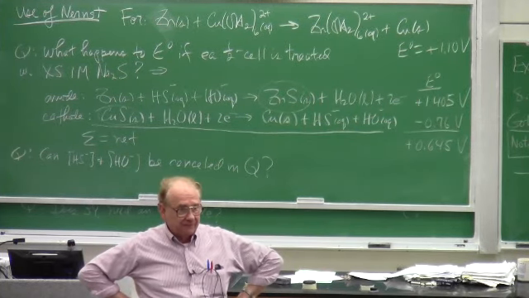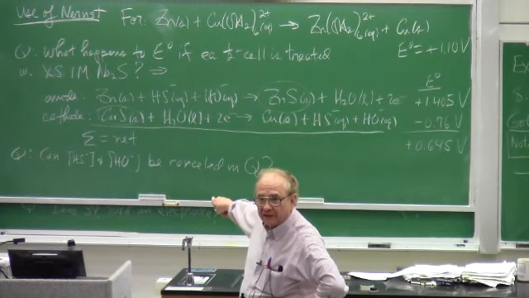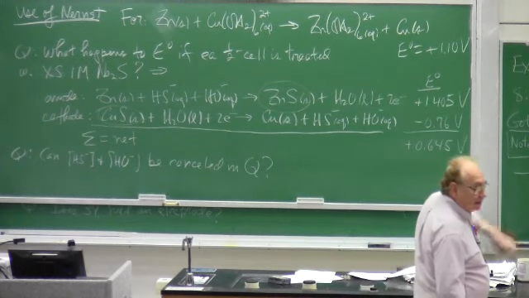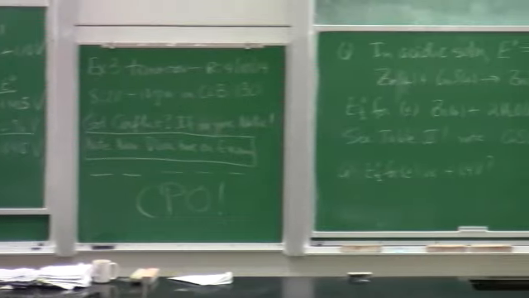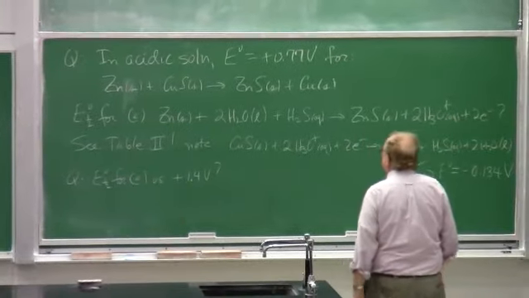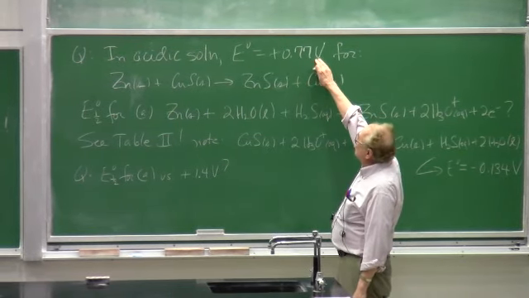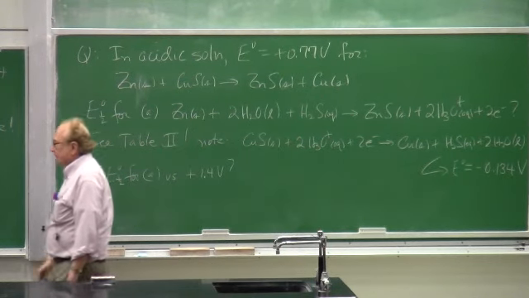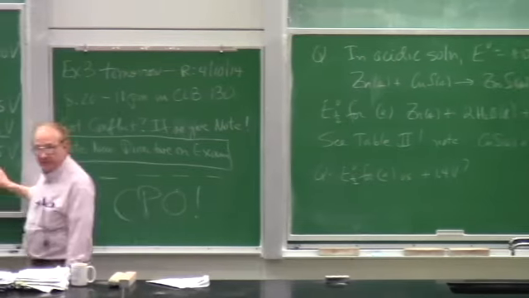Which means here, where HS minus is our sulfide ion source, what's going to be our sulfide ion source in this system? H2S. So I run this system in acidic media, and I observe this E0 value, different than this E0 value.